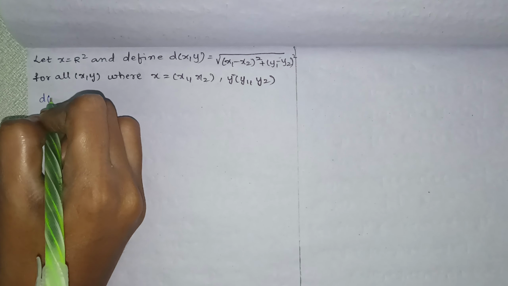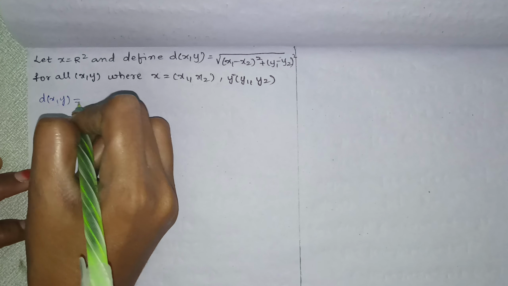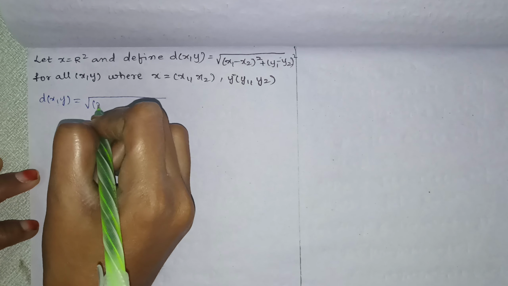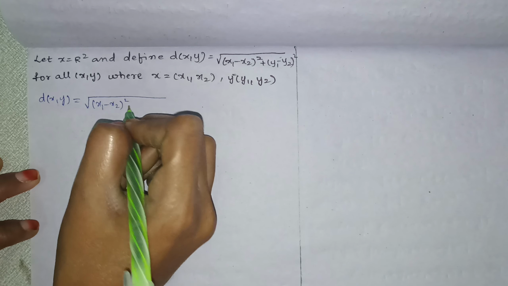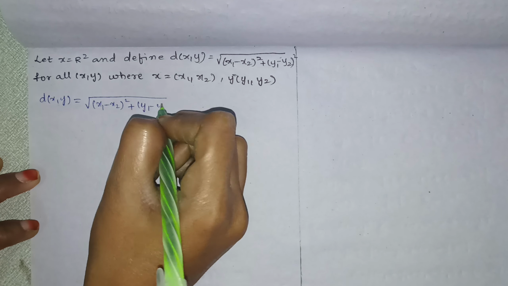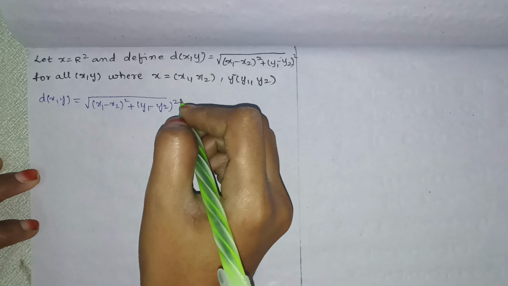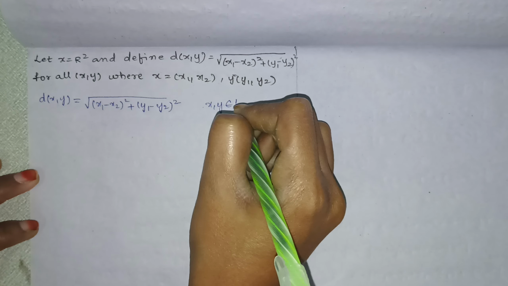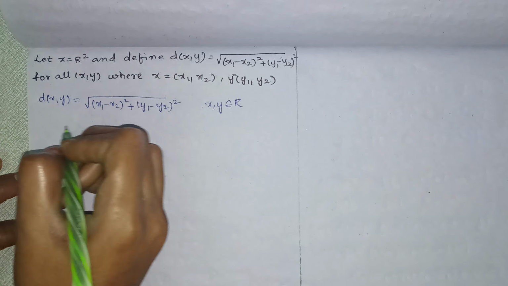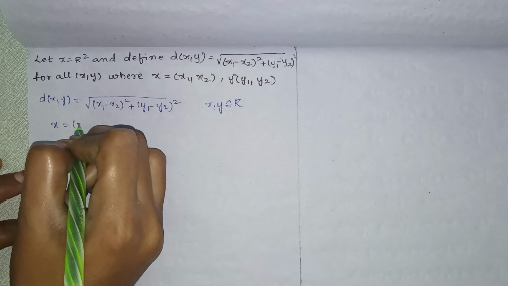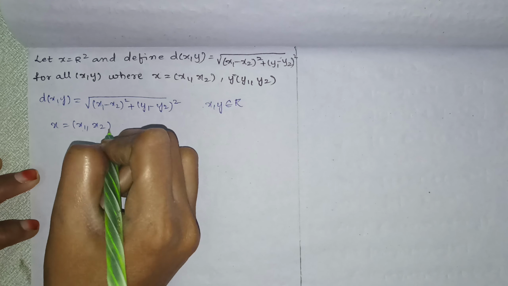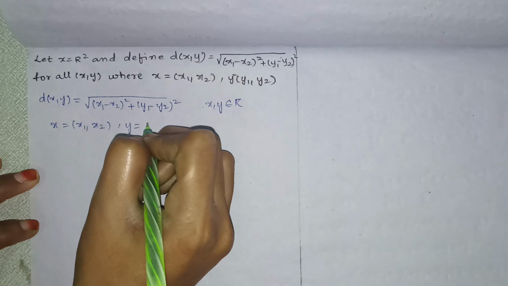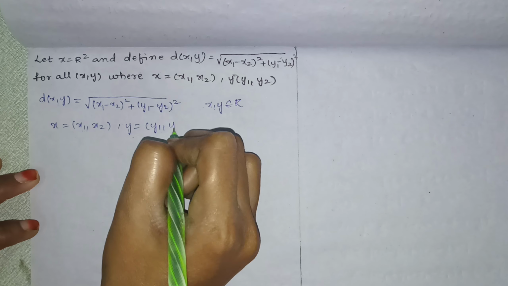The given data is d of x comma y equals under root (x1 minus x2) whole square plus (y1 minus y2) whole square, and here x comma y belongs to real numbers, and x equals (x1, x2) and y equals (y1, y2).